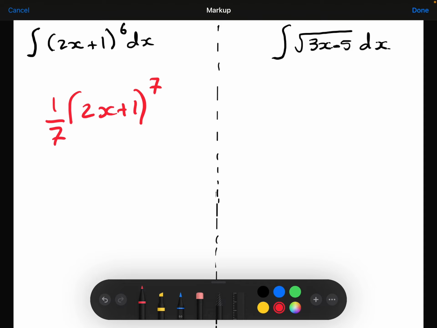And then I also need, by the reverse chain rule, to divide by 2. Divide by a, so dividing by 2, which is the same thing as timesing by a half. Don't forget, when you integrate, you should have a plus c on the end. And I can simplify that. The 1/2 times 1/7 is 1/14.